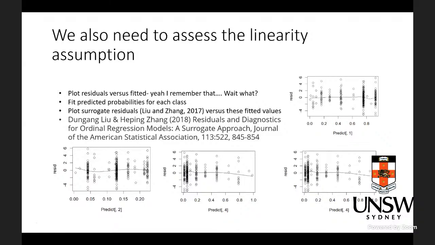For each observation, what you actually do is predict the probability of being in class 1 or lower, in class 2 or lower, or class 3 or lower. So you don't even have one set of predicted values, and you also don't have one set of residuals.